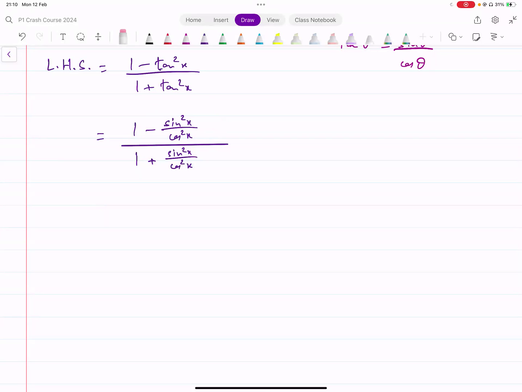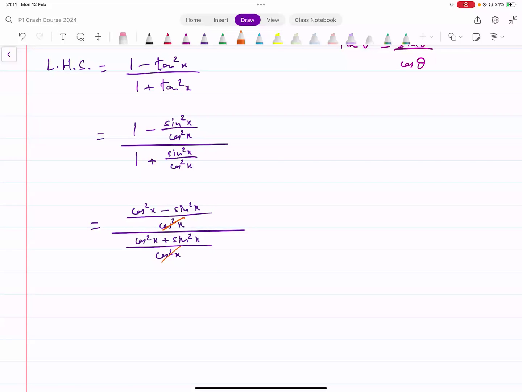This is going to become cos squared minus sine squared x divided by cos squared x in the numerator. And in the denominator, we have cos squared x plus sine squared x divided by cos squared x.